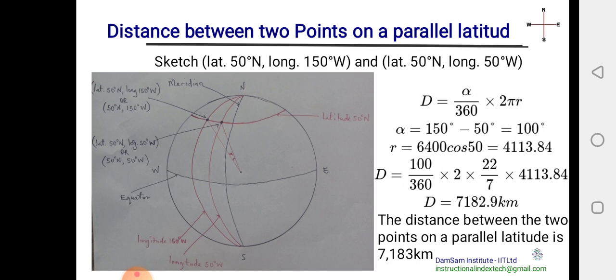And how do we come about this r? This small letter r, because we are not dealing with the great circle. If it were the great circle, then we'd consider the radius of the earth, which is 6,400 kilometers.